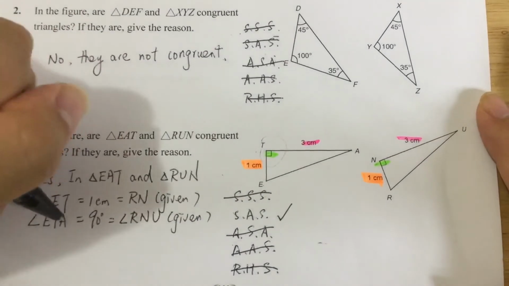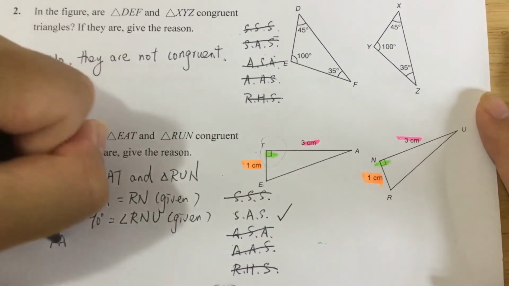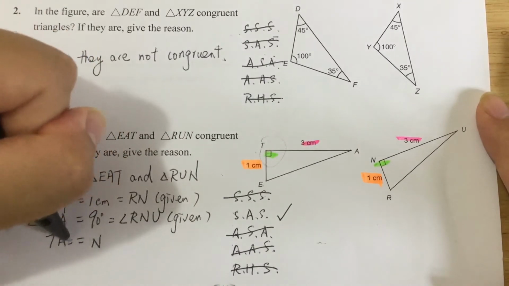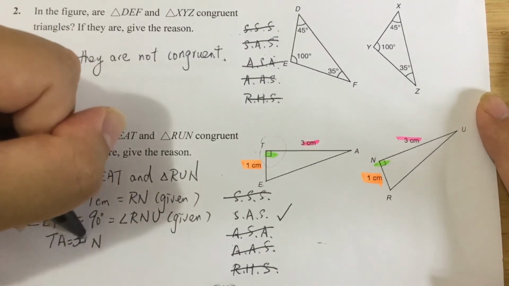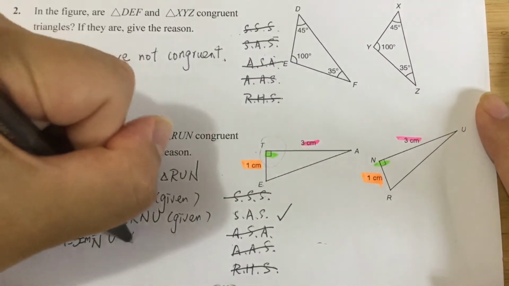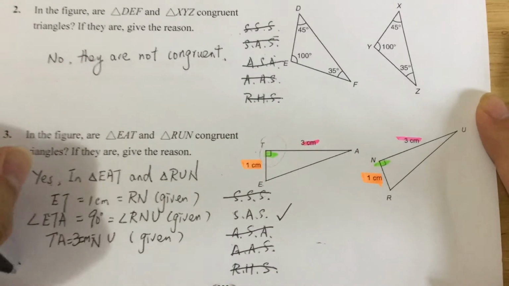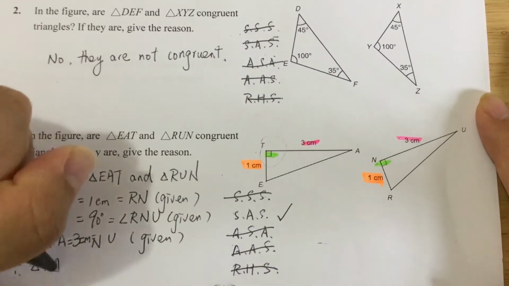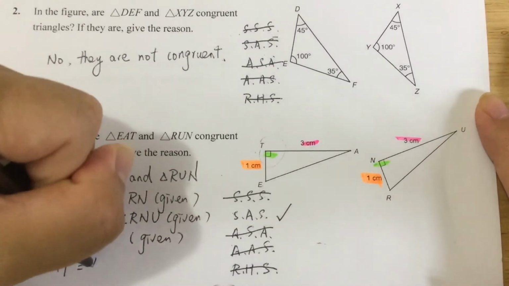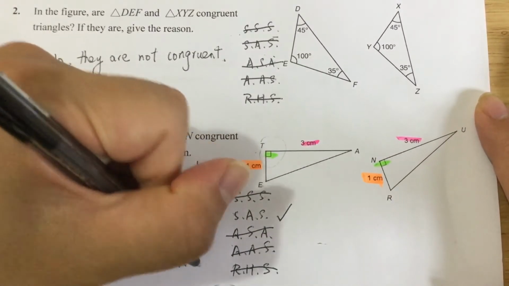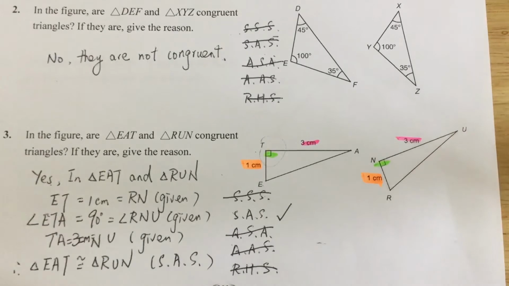Finally, we will have TA is equal to NU is equal to 3 cm, given. So we have 3 conditions, SAS. So I think the triangle EAT is congruent to triangle RUN. That one will be SAS. So we solve the question 3.